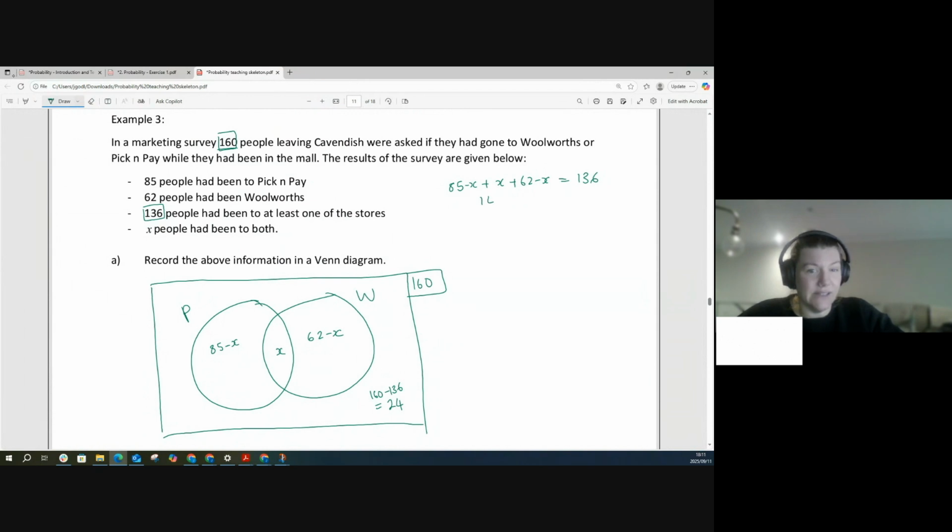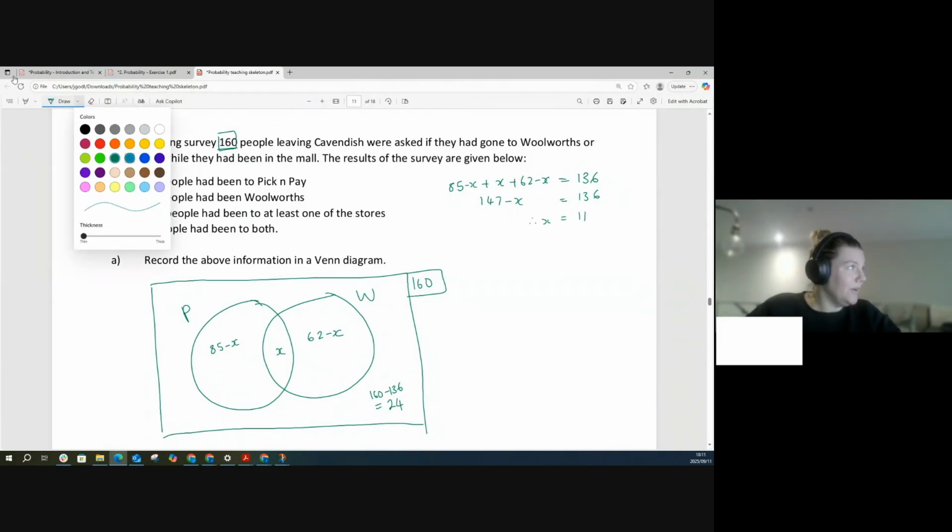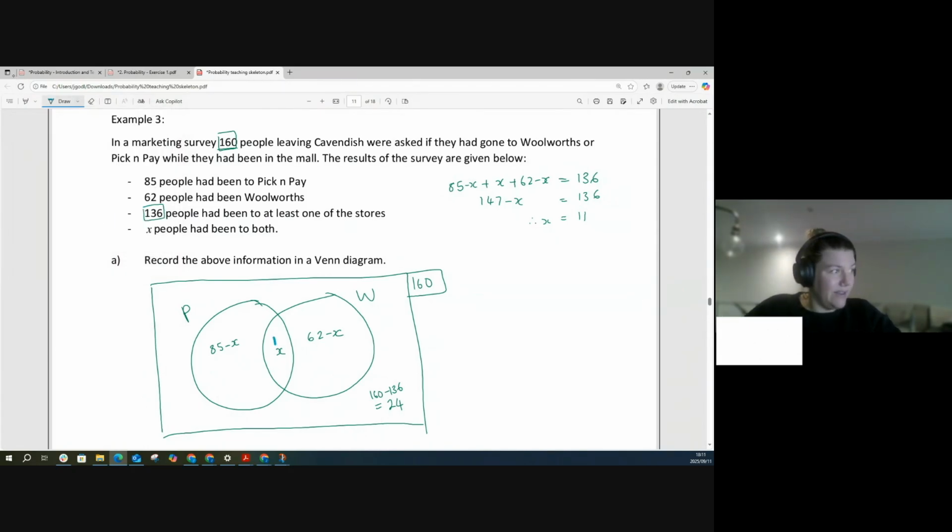So that gives us 147 minus x, which is equal to 136. So x is equal to 11. So then we know x is 11. So 85 minus 11 is going to be 74. 62 minus 11 is going to be 51. And then we've got our 24 chilling over there.